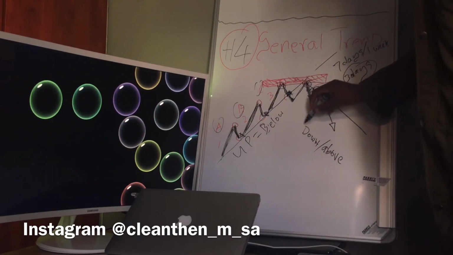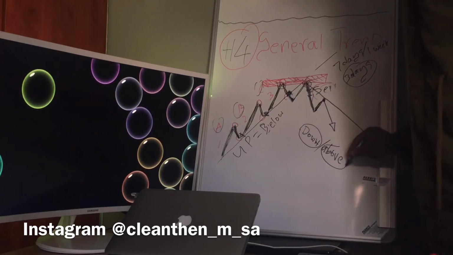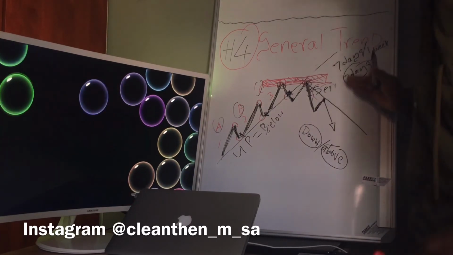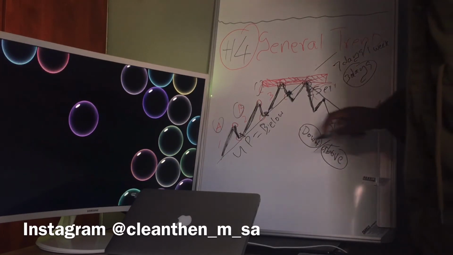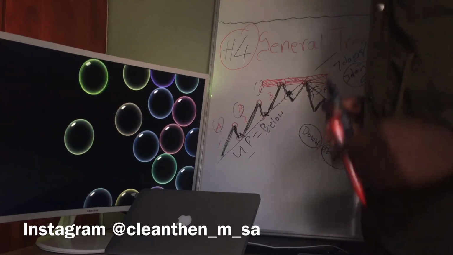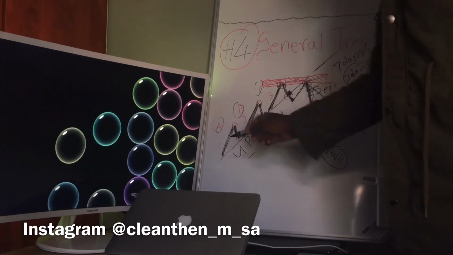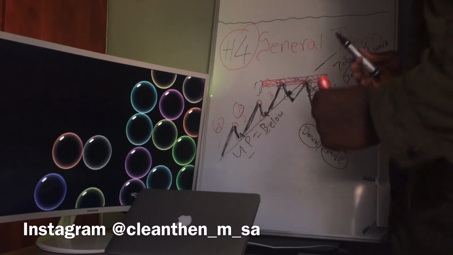In a downtrend, the trend line goes above the market. In an uptrend, it goes below the market, not above, below. You understand? We're talking about these trend lines. They go above and below. So that's how it is.